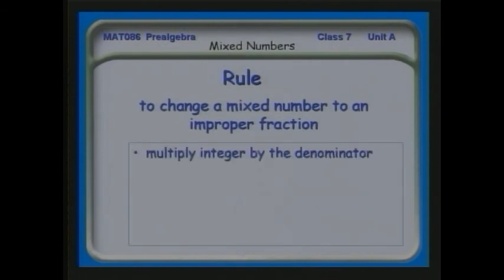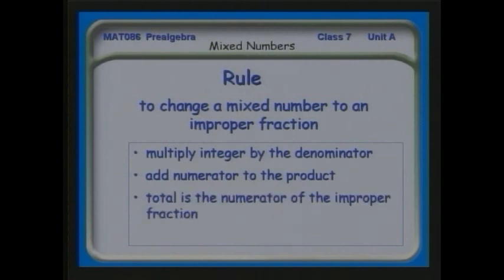You multiply the integer, the whole number, by the denominator, then you add the numerator to what you get, and then that total is the numerator of the improper fraction. And you keep the denominator. For example, I multiply the 4 times the 2 to get 8, add 1 to get 9, and keep the 4. 2 1/4 is equal to 9/4.